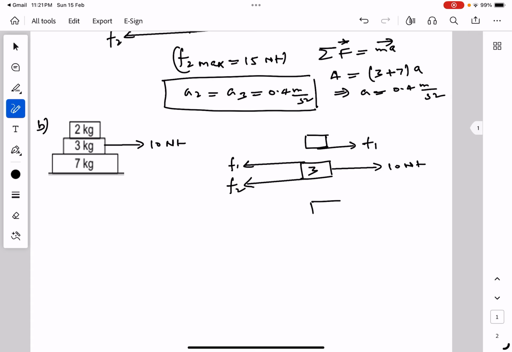Similarly, 7 kg block will have tendency to slip in the backward direction, so static friction will act on it in the forward direction, F2.